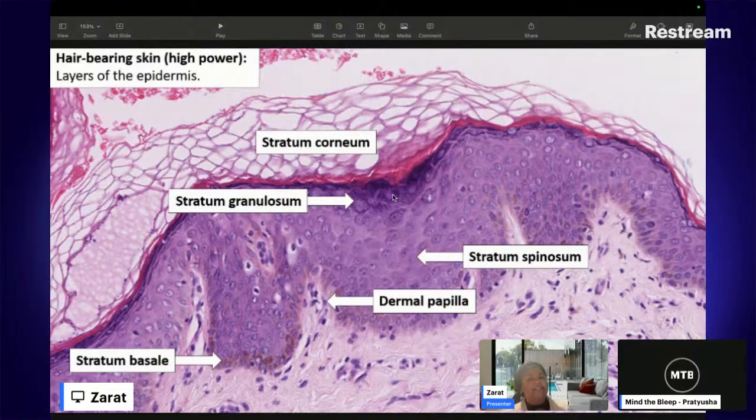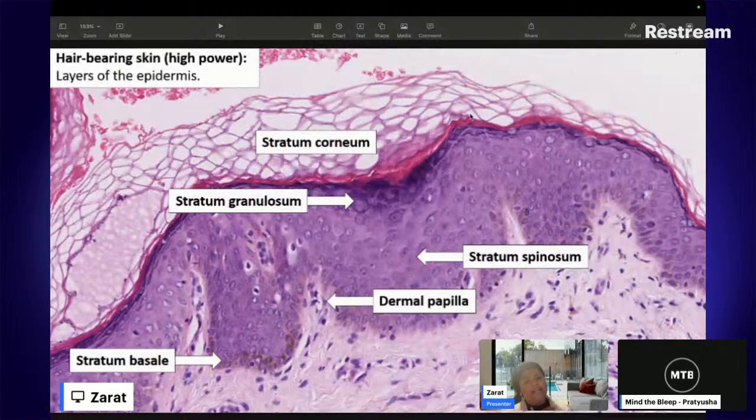And finally, these cells have matured, they have lived their life, and they die. When the cell dies, they lose their nucleus, and they become thin fibrils, filaments, which is your keratin, in the stratum corneum, or the corneal layer. And this is what we see from the top, the keratin. And this is what you shed every day.